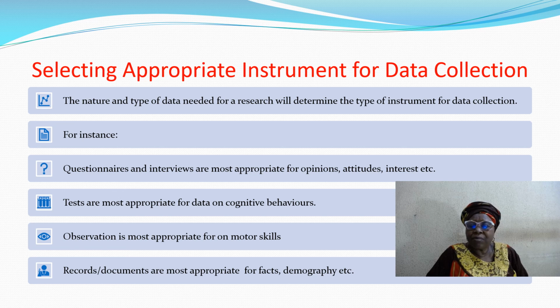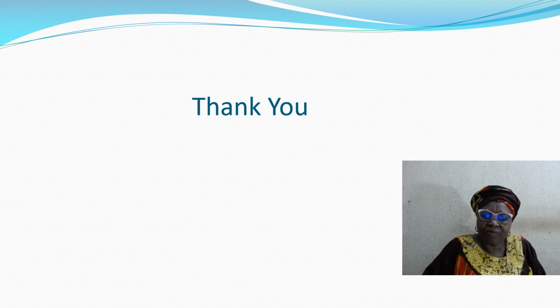Tests are most appropriate for data collection on cognitive behaviors. Observation is most appropriate for motor skills. So when you are measuring competency demonstration, you know that you need observation. Records, documents, they are good for facts, demography, and so on.